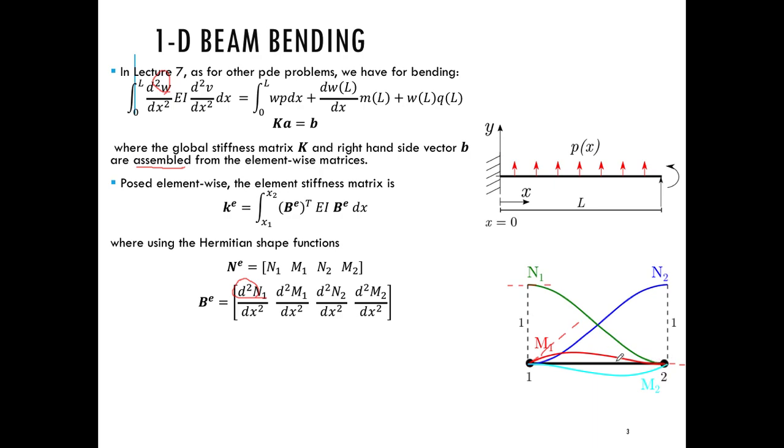And similarly for m2, I'm sure you get the picture. Okay, so this is how we find our n1 and our shape functions. From our shape functions, we get our shape function matrix. From our shape function matrix, we get our B matrix, which contains the double derivatives of the shape functions.